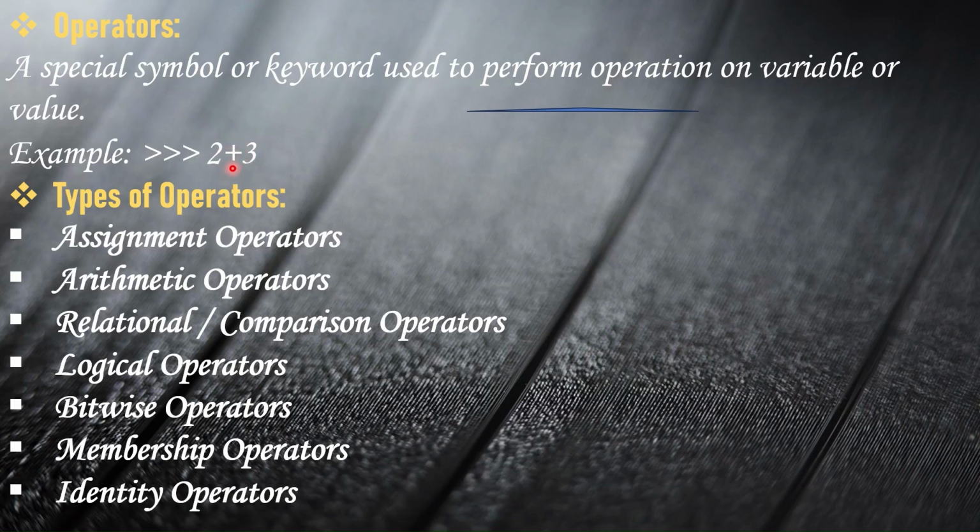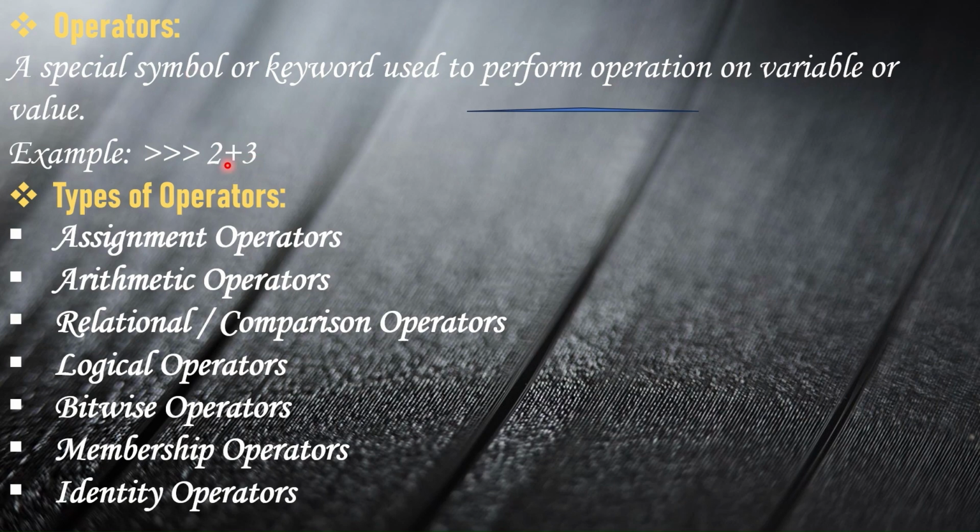The use of this operator is to perform the operation between these values or variables, which in Python we call operands. So the operator is the one that performs the operation, whereas the operand is the one on which the operation is performed.